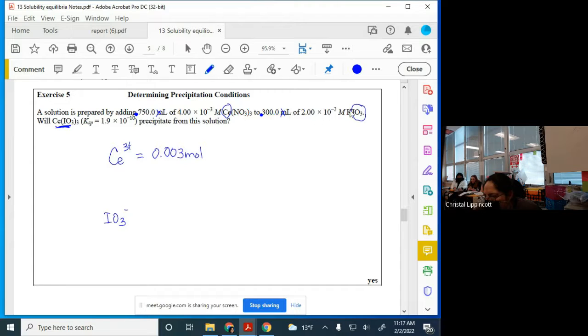Since it's in a one-to-one relationship, however many moles of this material you have is the same number of moles of the IO3. So what did you get for your mole value there? 0.006. Yep, good. Okay, now we need to figure out our molarity so that we can put it in and figure out our QSP.